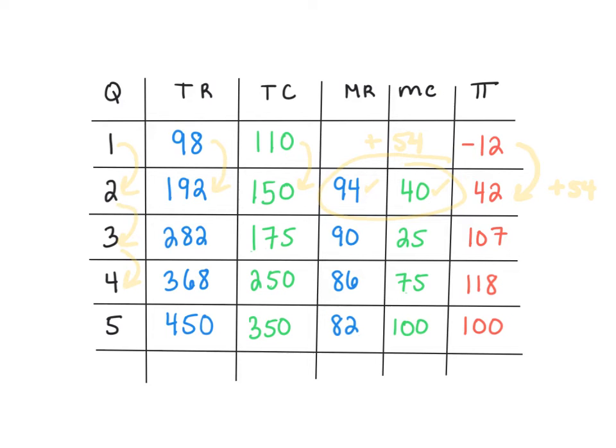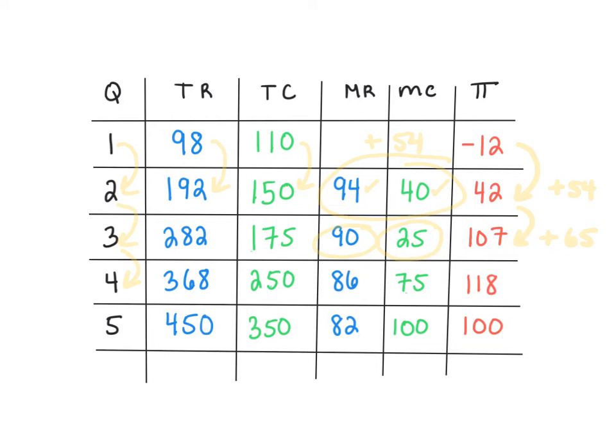In producing the third unit, the firm generates $90 in additional revenue and only incurs $25 in additional cost. The $90 in additional revenue is $65 more than the $25 in additional cost, which means total profit increases by $65 from $42 to $107.